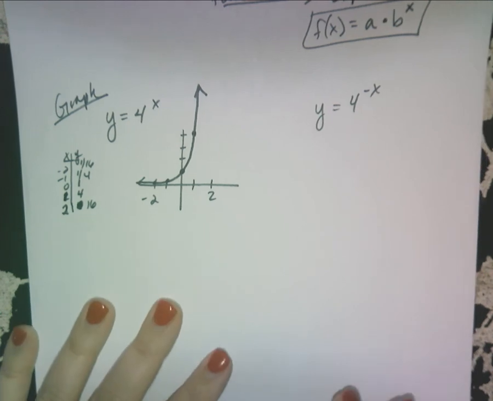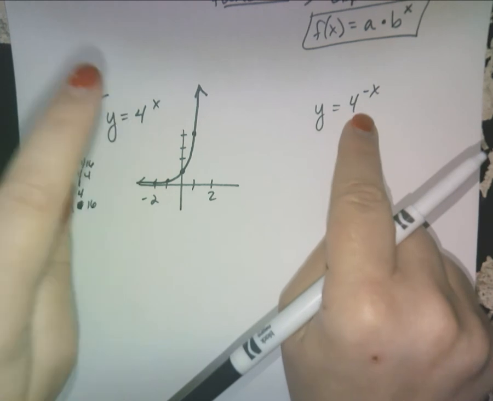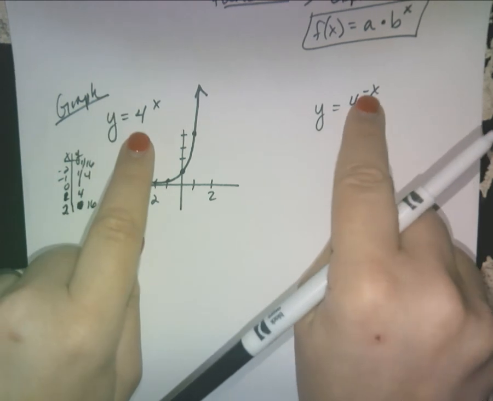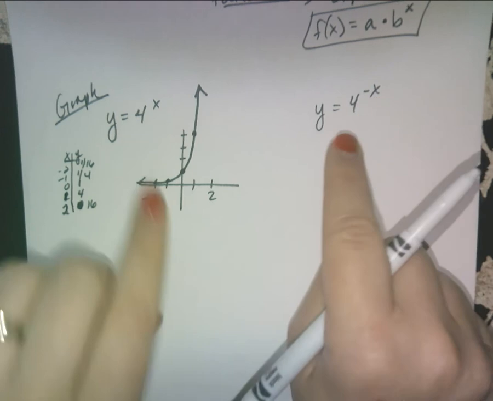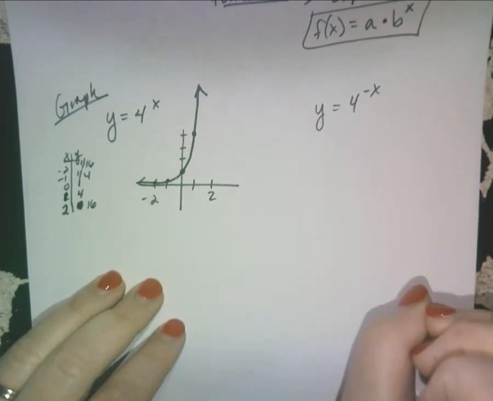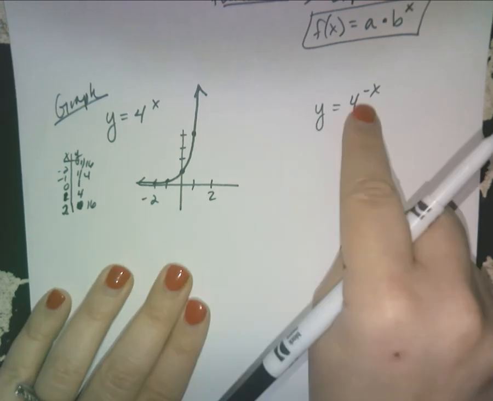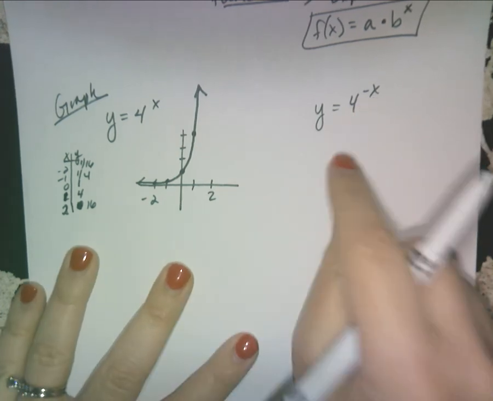Now, what would be the difference between this graph and this graph if I have a negative x? Where would it flip, over the x or over the y? It would flip over the y. You can check this out by plugging it in your calculator.